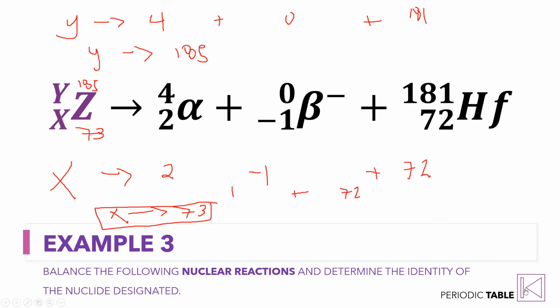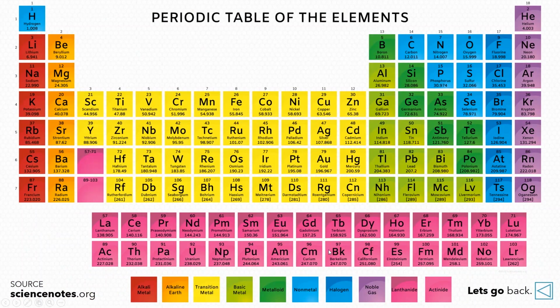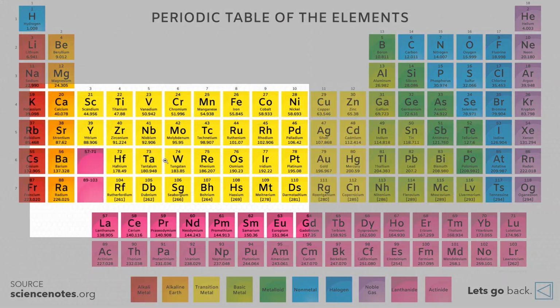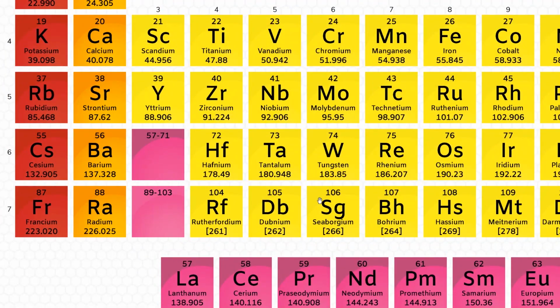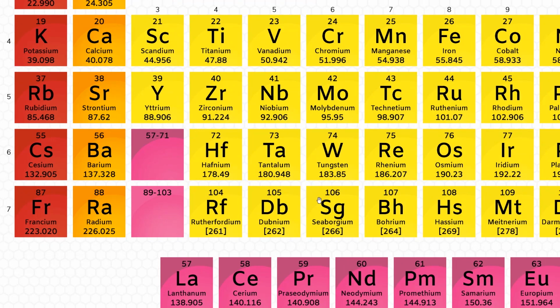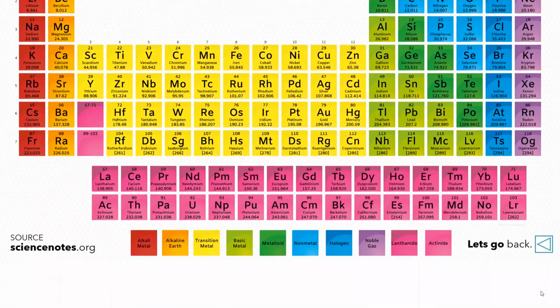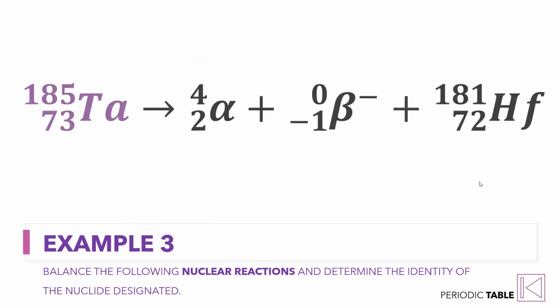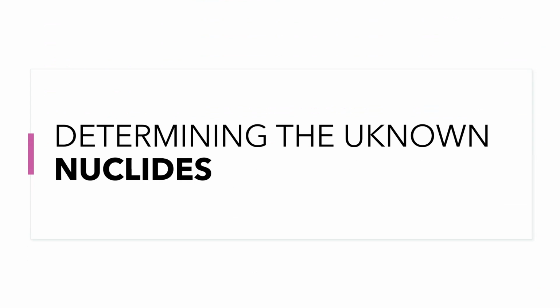What atom has an atomic number of 73? 73. Where are you? There you go. Tantalum. Tantalum has atomic number 73. So let's check if it's correct. Tantalum? Yes, our answer is correct. So 185, 73.